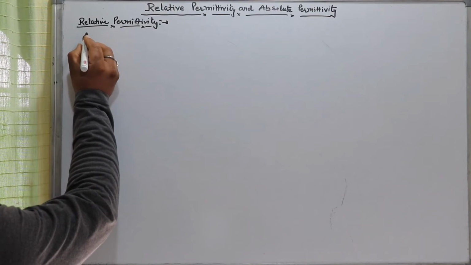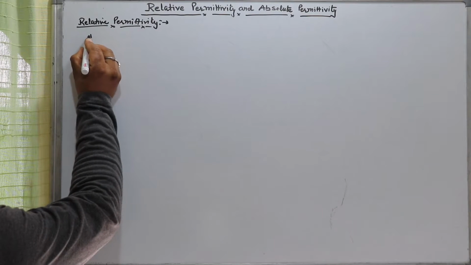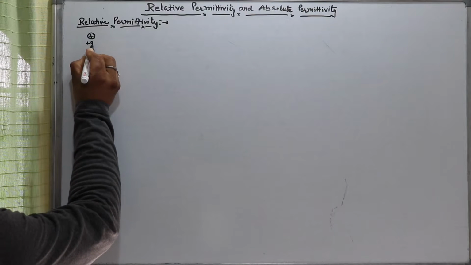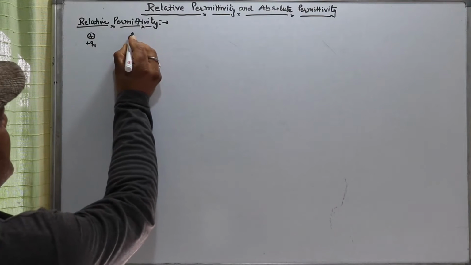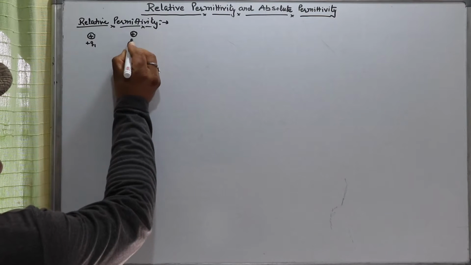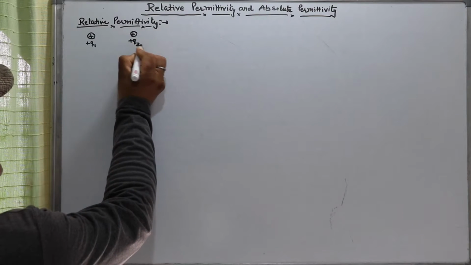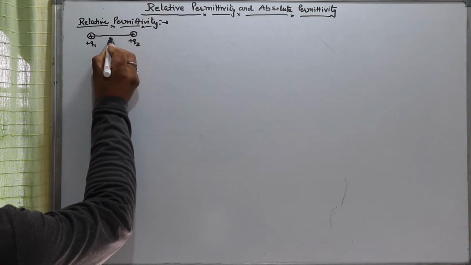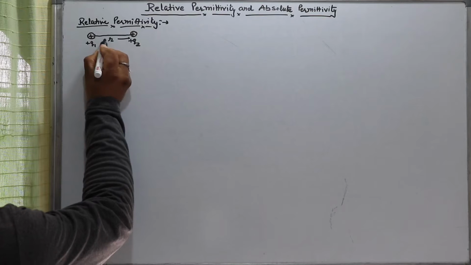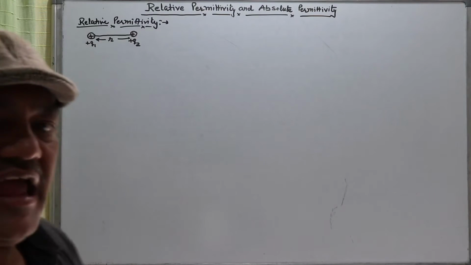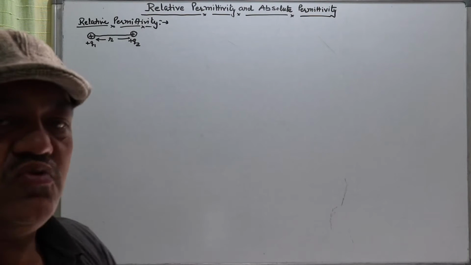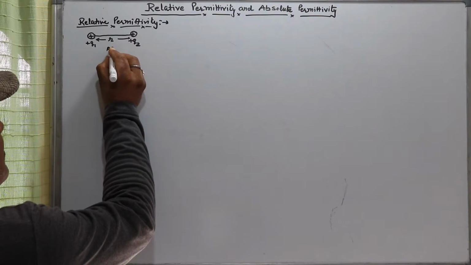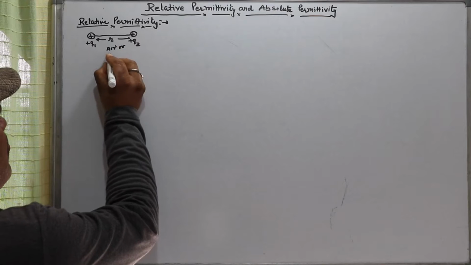Let the first charge be positive Q1 and the second charge be positive Q2, and both are separated by the distance R, and both these charges Q1 and Q2 are placed in air or vacuum.